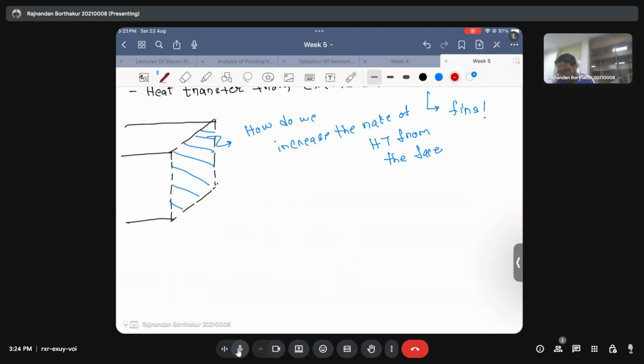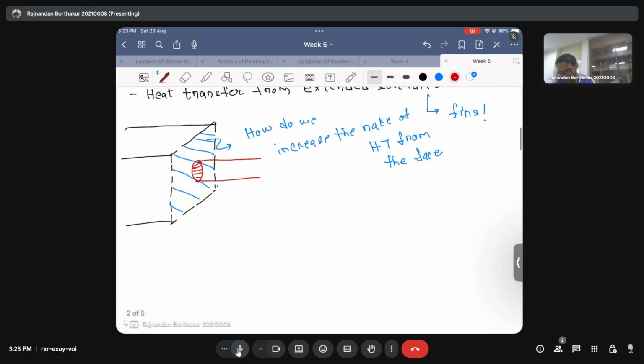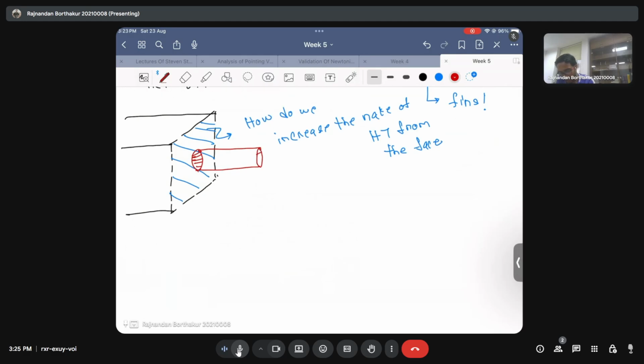For instance, you can weld another surface and protrude it from this face. That is one way of dissipating heat faster from this dashed blue surface.